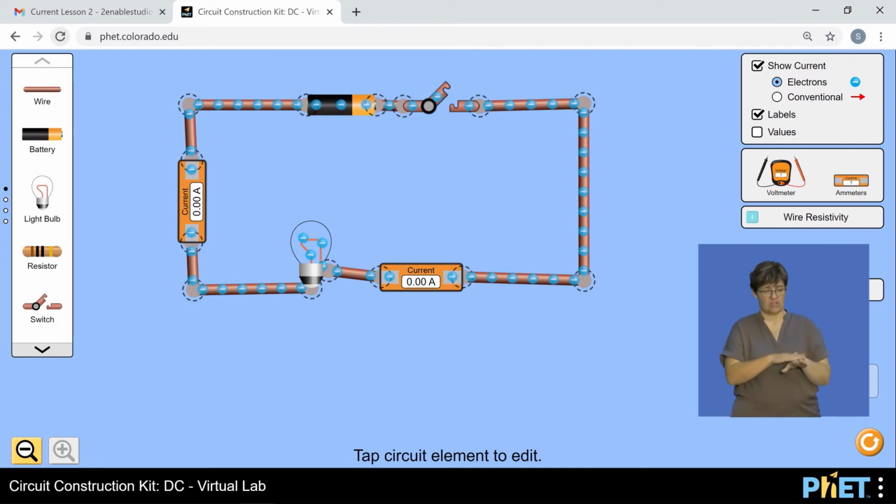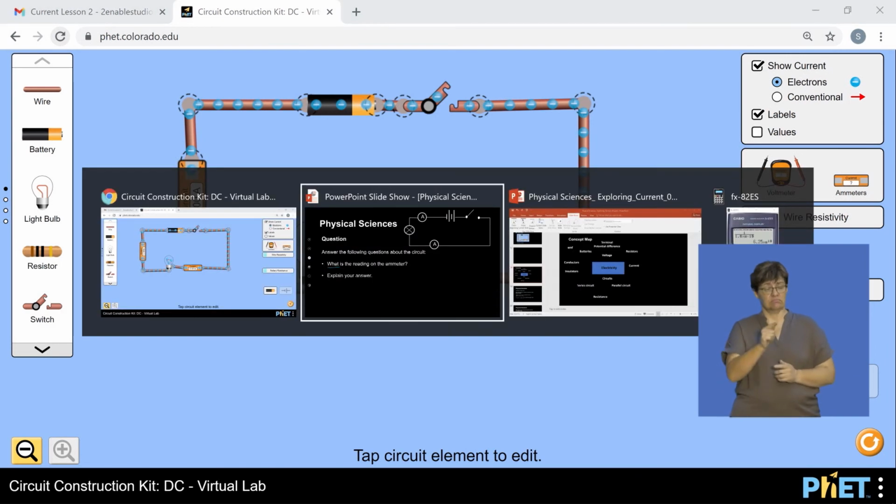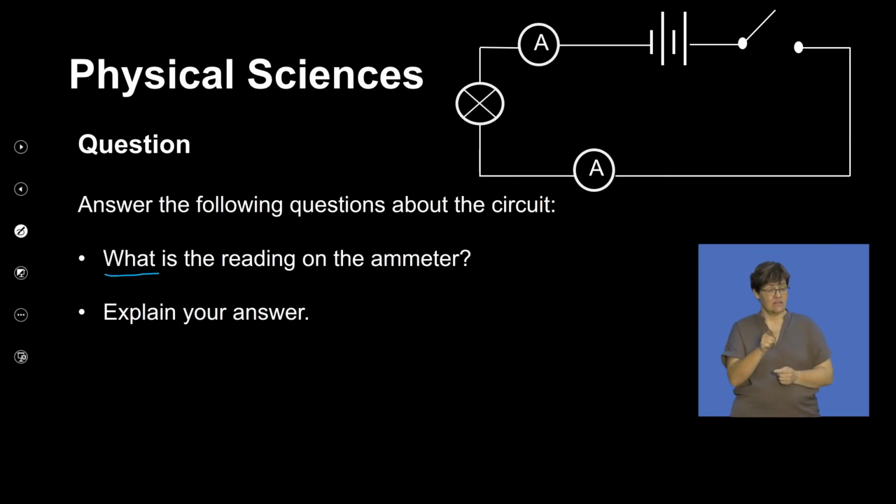Because the charges are stationary, they're static, hence there is 0 current, because there is no flow of current. So what does this tell us? That once the circuit is broken, it simply means that there is 0 current. The ammeter reading will be 0 amperes.